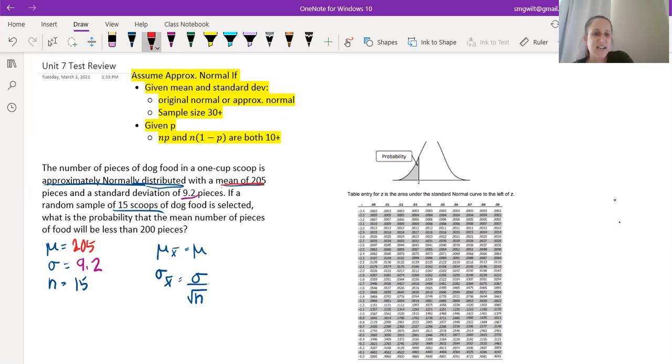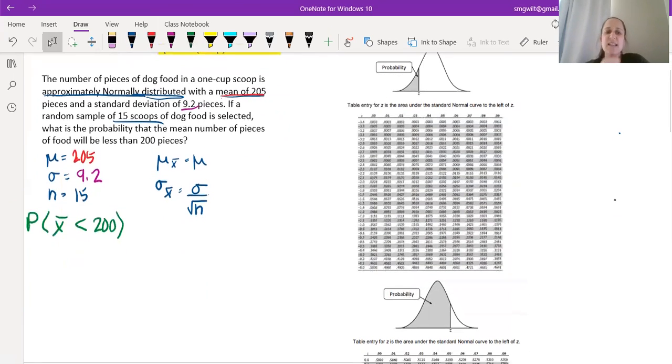And then the question is asking us to find the probability that the mean number of pieces, so that's going to be the mean of my sample, will be less than 200. So I want to find the probability that the mean of my sample is less than 200. What I need to do is find the mean and the standard deviation of my mean distribution.